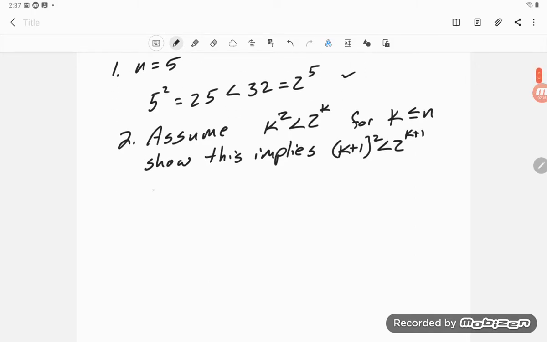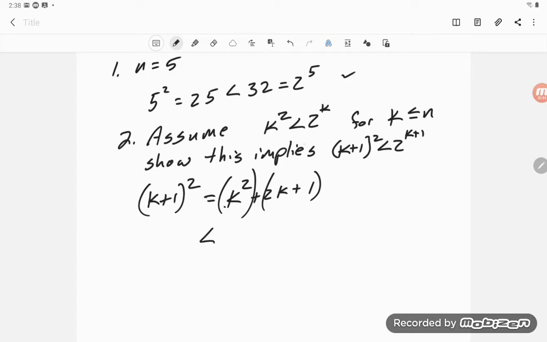Okay, so as I started in class, with these types of inductions, I just start with that left-hand side. In this case, I'm going to square it out, and I'll get k squared plus 2k plus 1. And what we try to do is then section it off into our hypothesis and maybe something else. So there's the k squared.